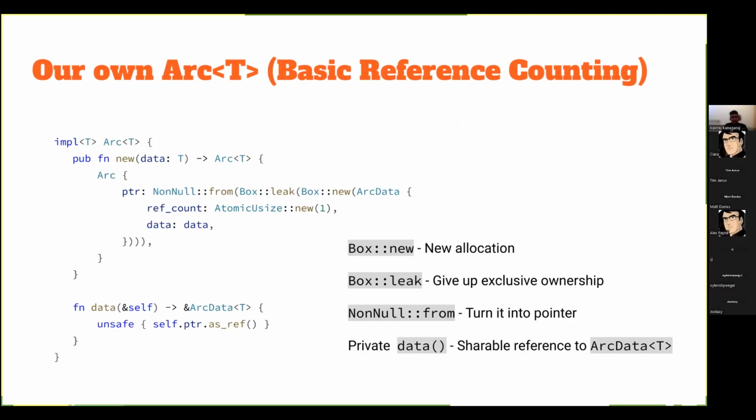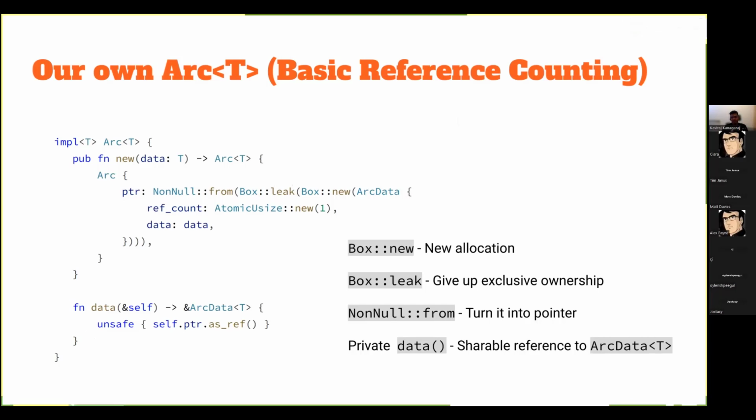So this is the constructor, this is how we instantiate Arc. There are a lot of interesting things happening here. One is, how do we create heap allocated data that is completely not owned by anyone? We do this by creating it via Box.